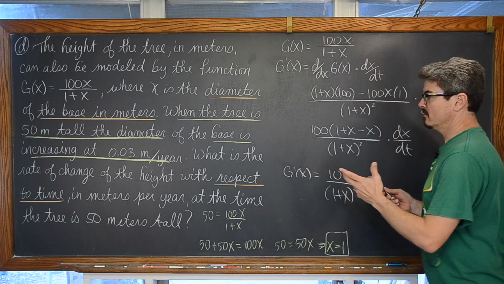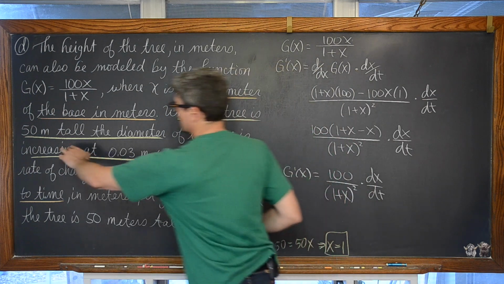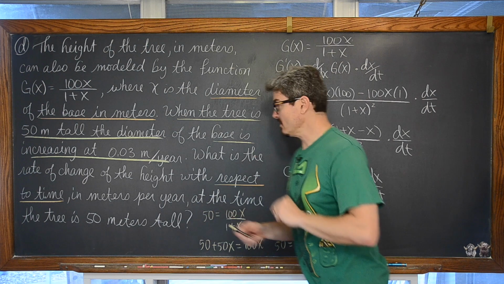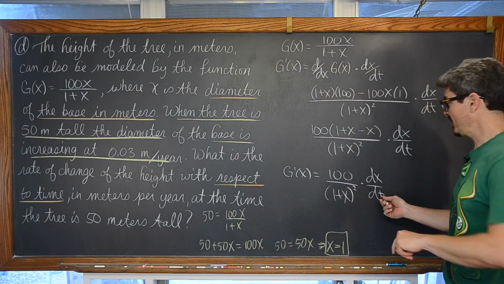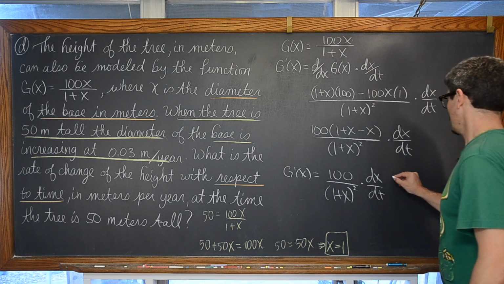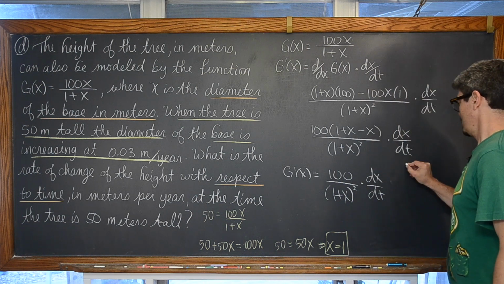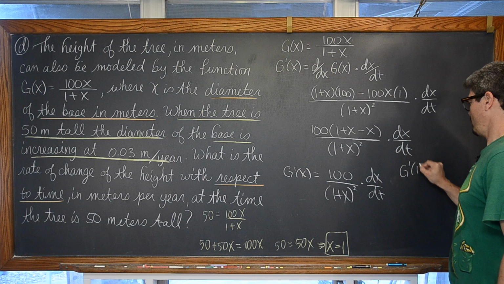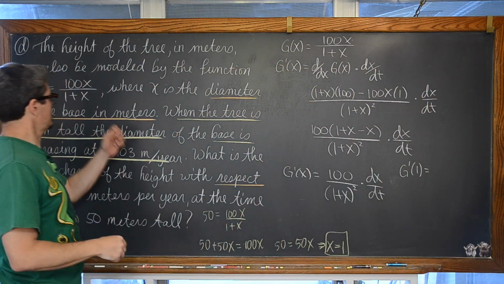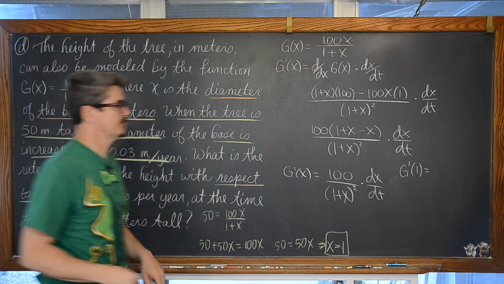Well, when we have the base increasing at 0.03 meters per year, there's that time period coming in, matching that proper notation. So we're basically looking at g prime of 1 is equal to, when the base of the tree has a diameter of 1 meter, its height is 50.